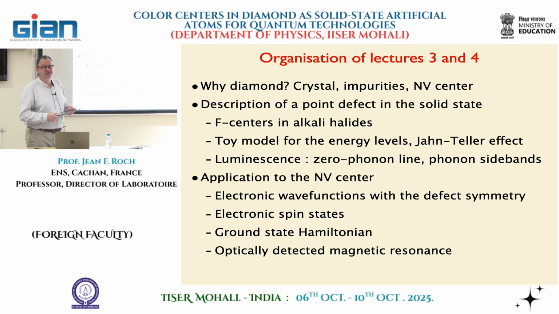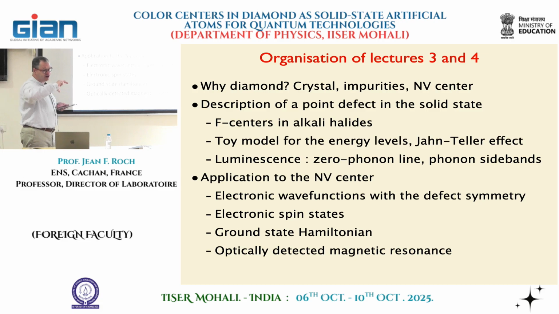And that will give us a toy model to describe very important topics: we will obtain the energy levels, we will illustrate the Jahn-Teller effect, and we will also be able to describe the main properties of luminescence, what is the zero phonon line, and what are the phonon sidebands.